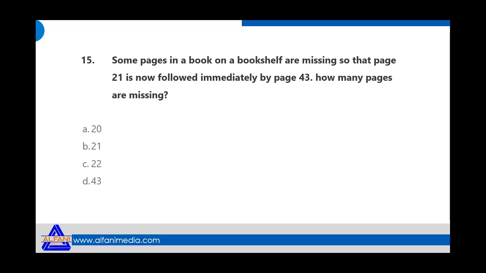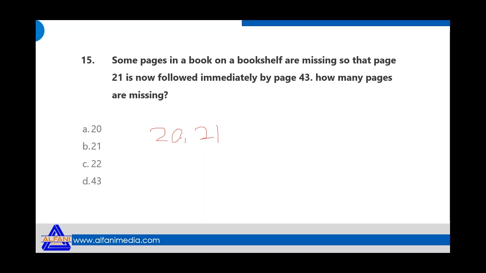Okay, so the next question: some pages in a book on a bookshelf are missing, so that page 21 is now followed immediately by page 43. How many pages are missing? All right, so we're supposed to have page 21, and we were having page 20 here.